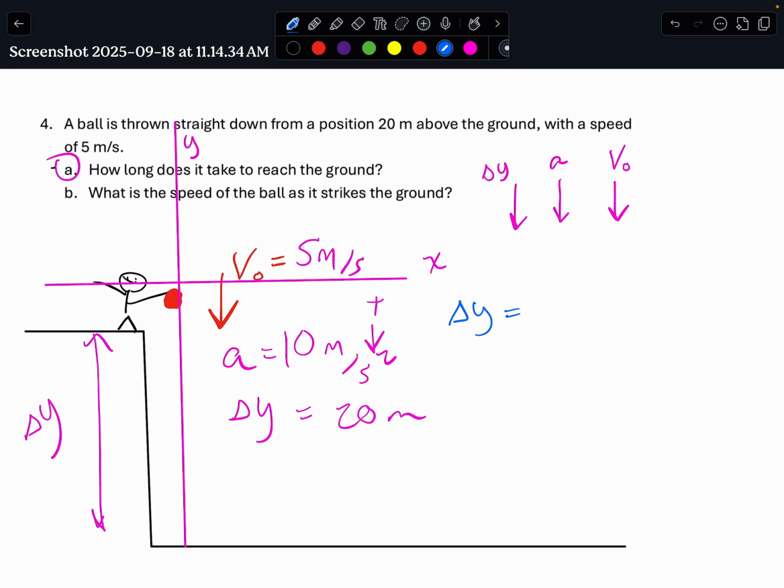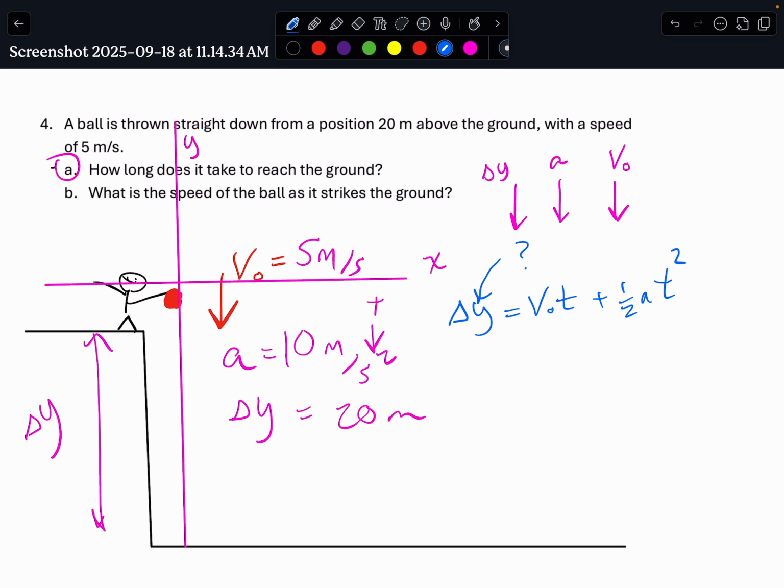Delta y is equal to V naught times t plus 1/2 a t squared. Oh no, why is that a delta y instead of a delta x? Well, because it's a vertical displacement. It's the same equation. Notice here, I know everything except t.